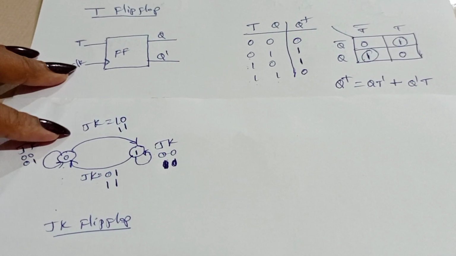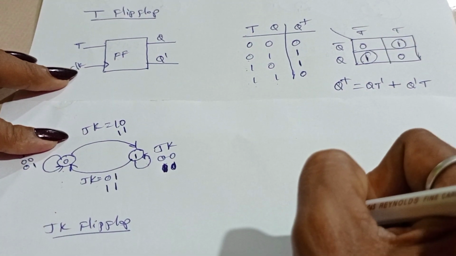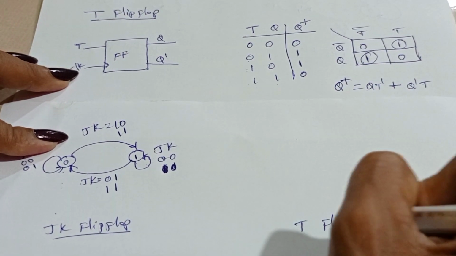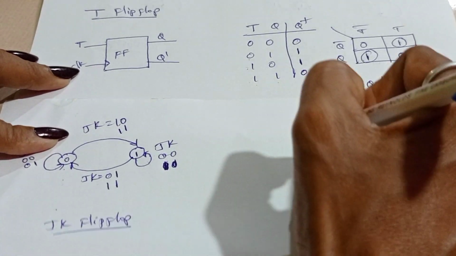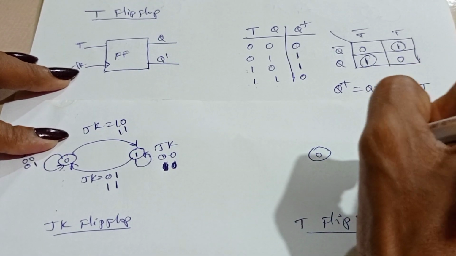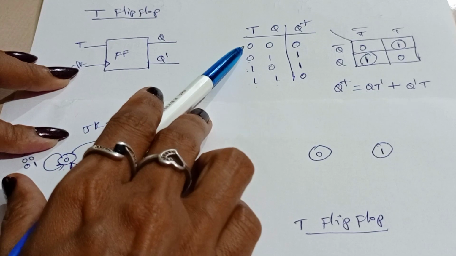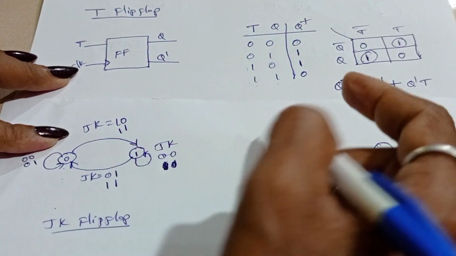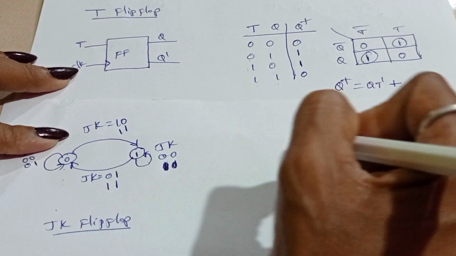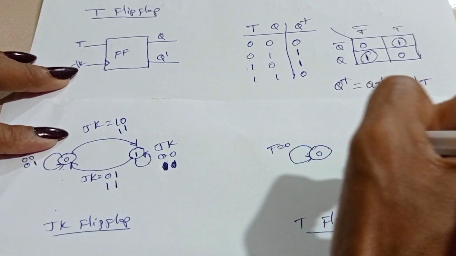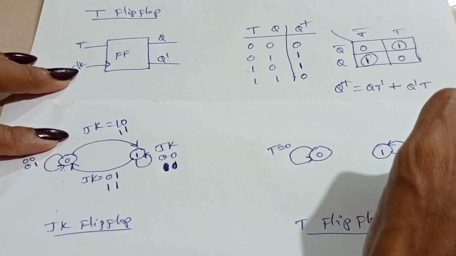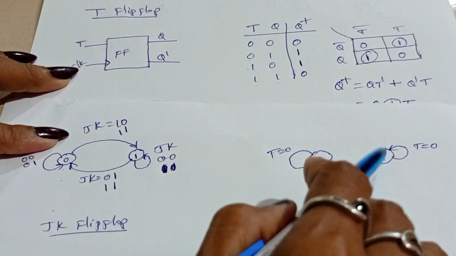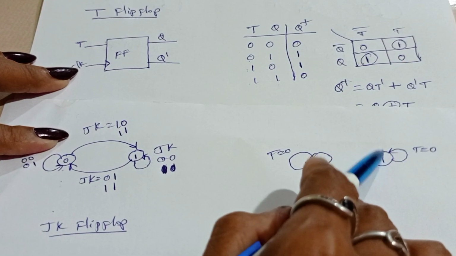Finite state machine for T flip-flop. When T is 0, it will be in the same state. That is T is equal to 0. Make a loop, that is there itself. The same state.